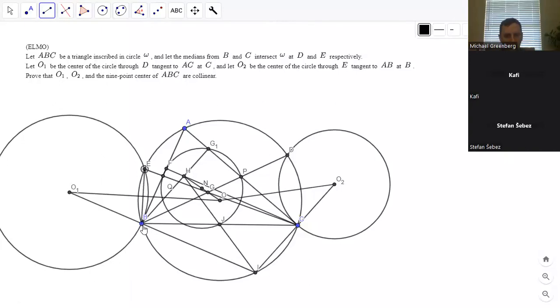But we have EB and CD, and so yeah, we could define O1 and O2 a little differently if we wanted.